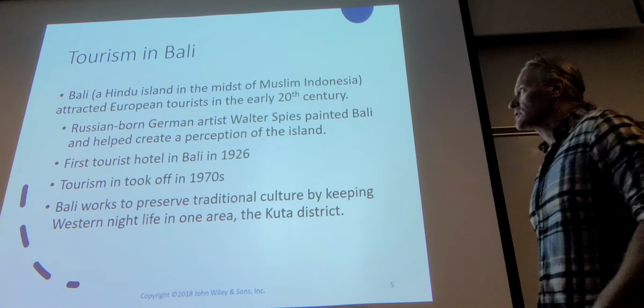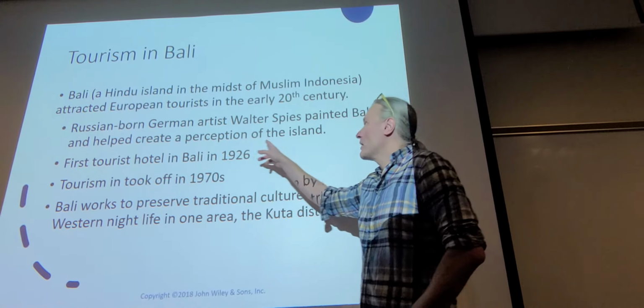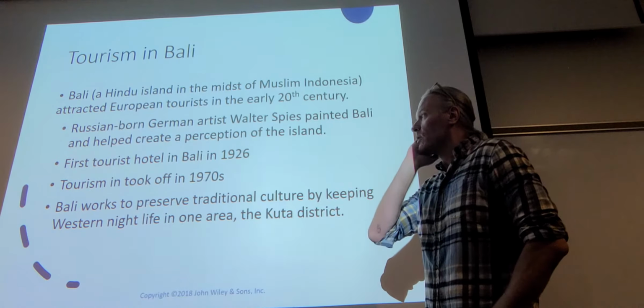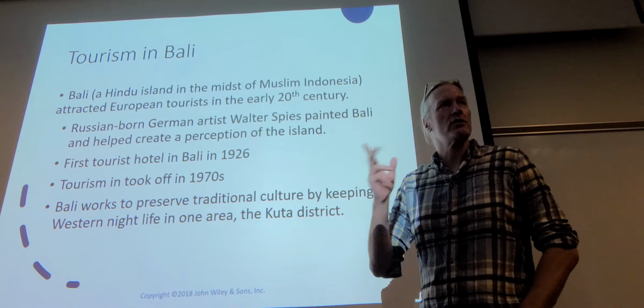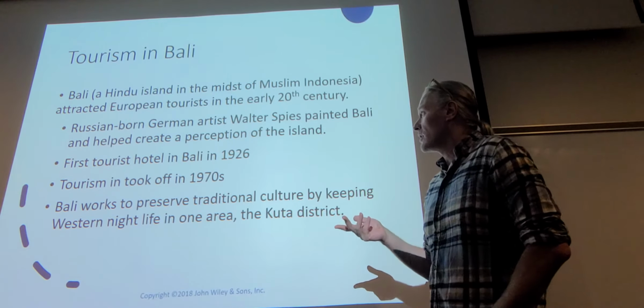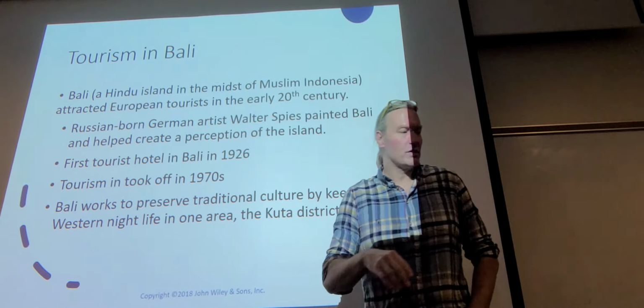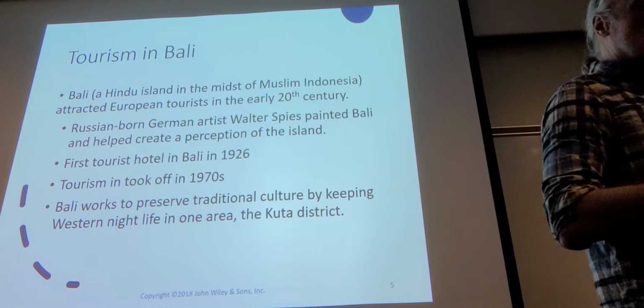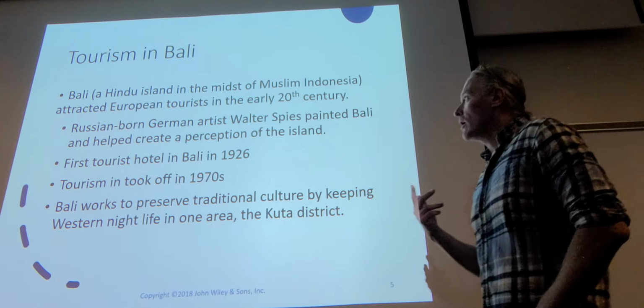Our textbook talks about how a Russian-born German artist created a lot of perceptions of the island at the time. And the book says this, but it doesn't include any pictures, so I looked up some pictures that I put on here. But in a nutshell, tourism has been coming here for a long time, and it's been coming with a specific look.